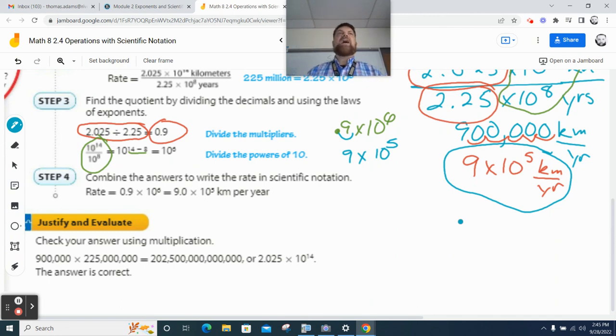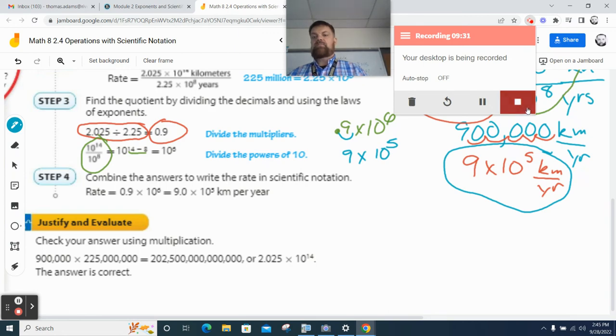When they generate their report, they could have these crazy long big numbers, or they could just have 9 times 10 to the 5th kilometers per year. And that's why it's called scientific notation, because we use this in science when we measure really big things versus really small things. Any questions?